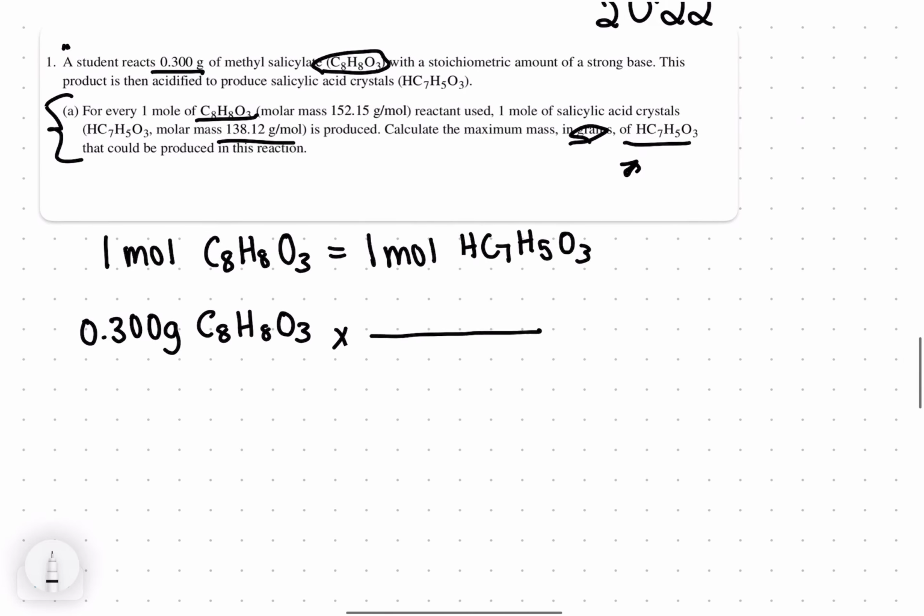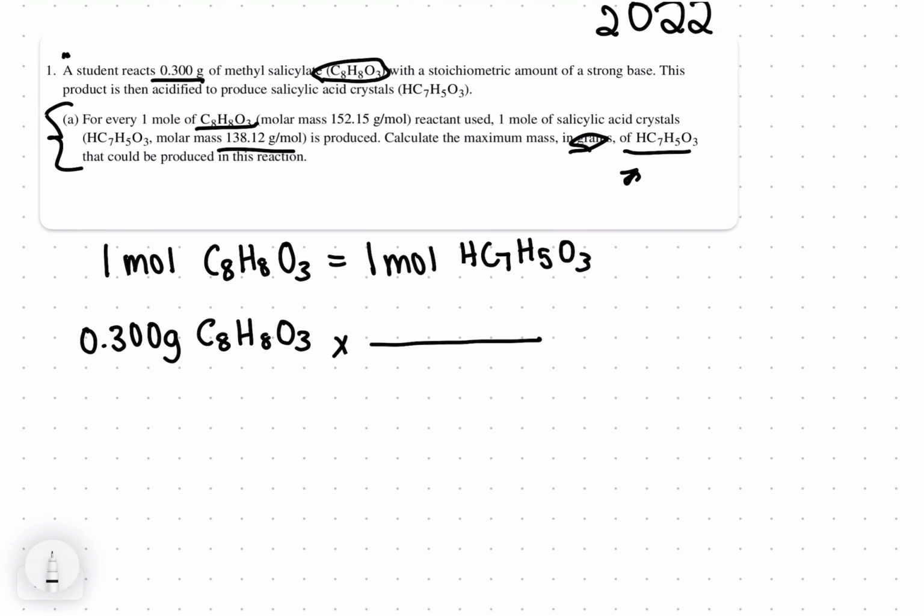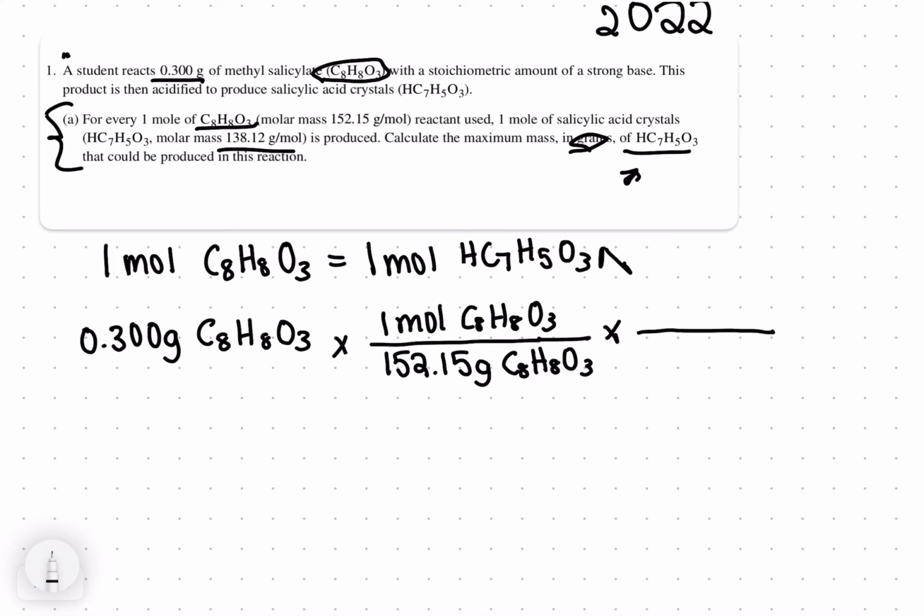Then once again, we're going to be doing that conversion from grams to moles. So here we're given the molar mass of C8H8O3 or methyl salicylate, and that is 152.15 grams of C8H8O3 per every 1 mole of C8H8O3. And then we're going to be referring back to this equivalence factor right here that we have.